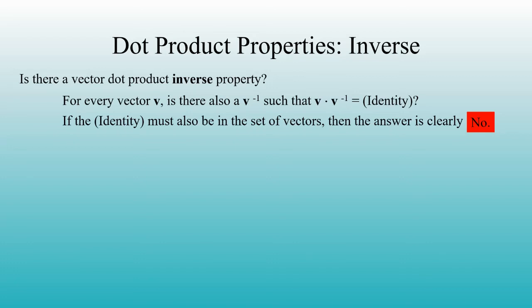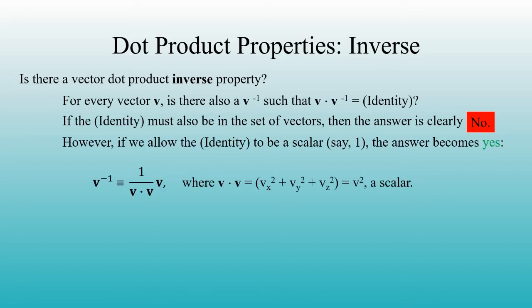All right, what if we allow v dot v inverse to be equal to the scalar number 1? Well, then the answer looks like it could be yes. If you define v inverse as the vector v over the reciprocal of v dot v, the math works out. V dot v is a scalar, and we are allowed to divide a vector by a scalar. So yes, or maybe.